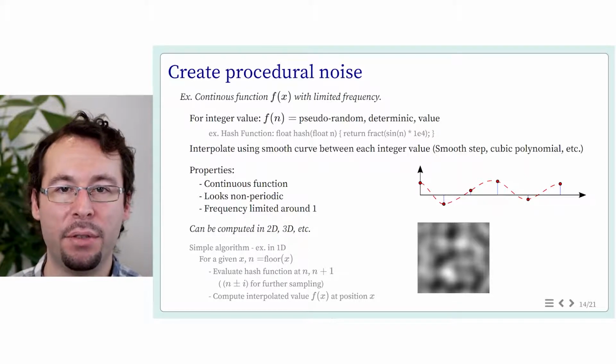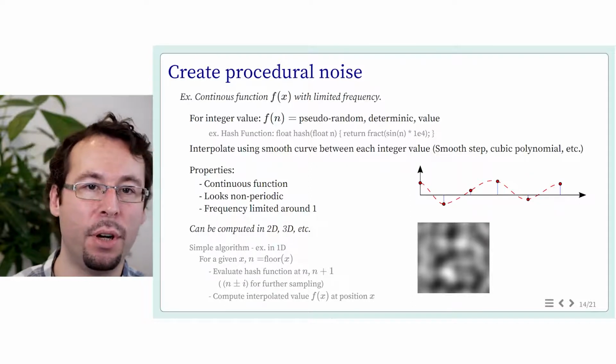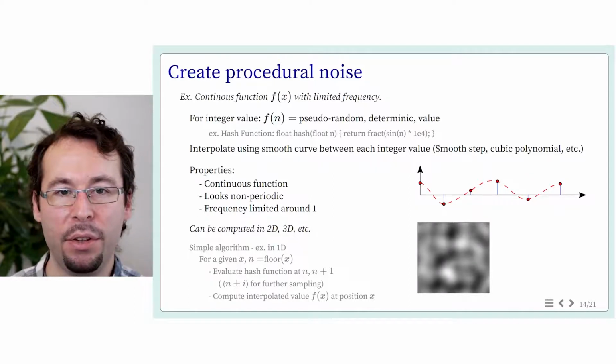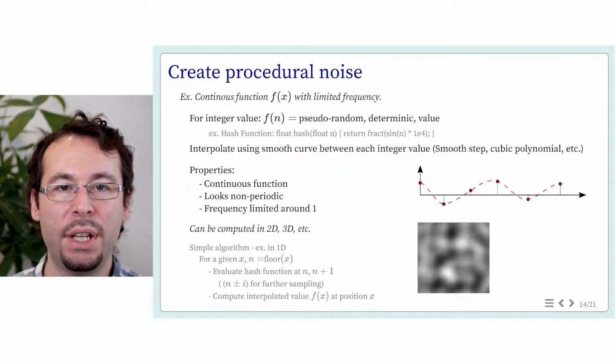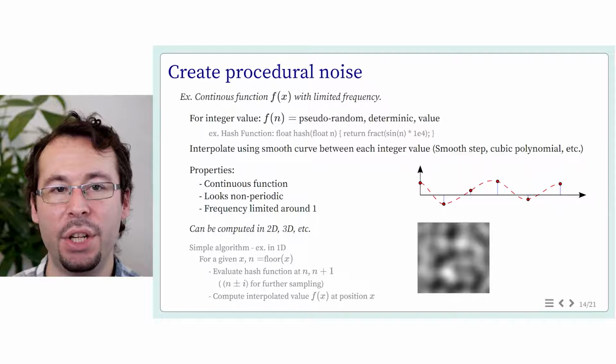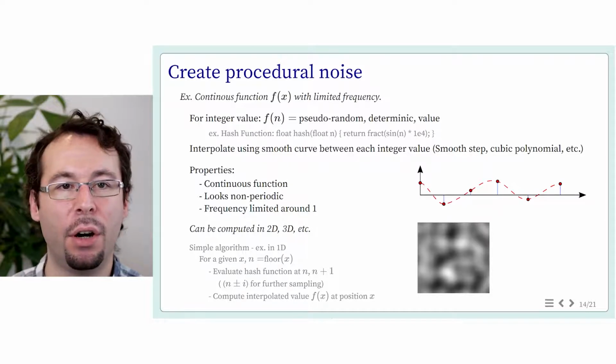For instance, we can consider the value of f given by a hash function that takes as input the integer n and outputs a pseudo-random number. Then to define a continuous function in the real domain, we smoothly interpolate the values between each integer. We can use smooth steps interpolation or cubic polynomials, for instance.